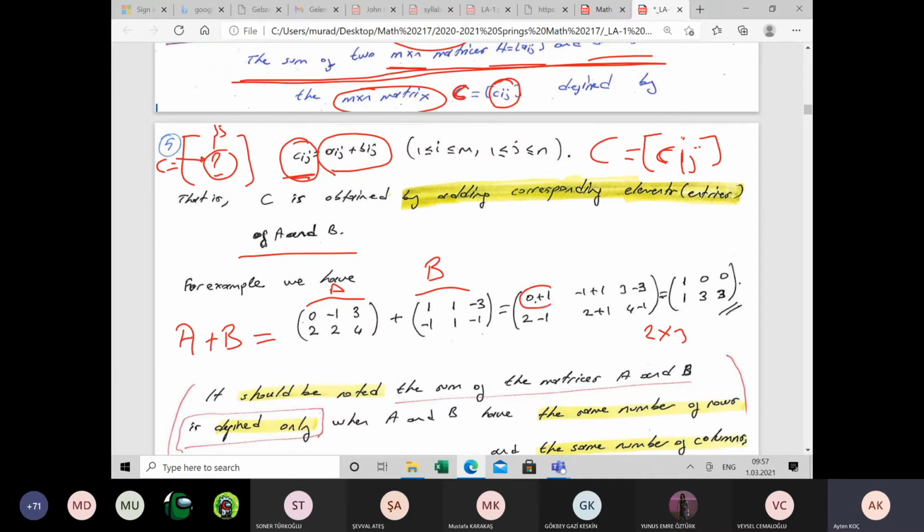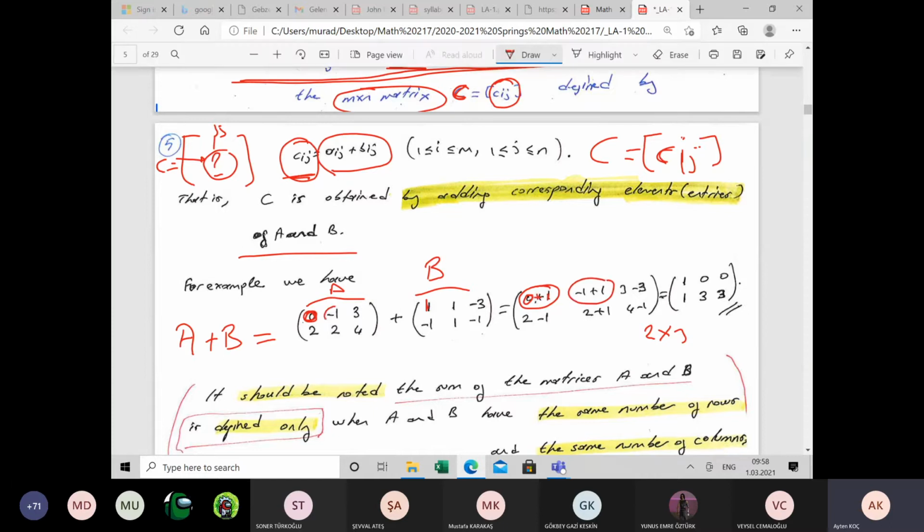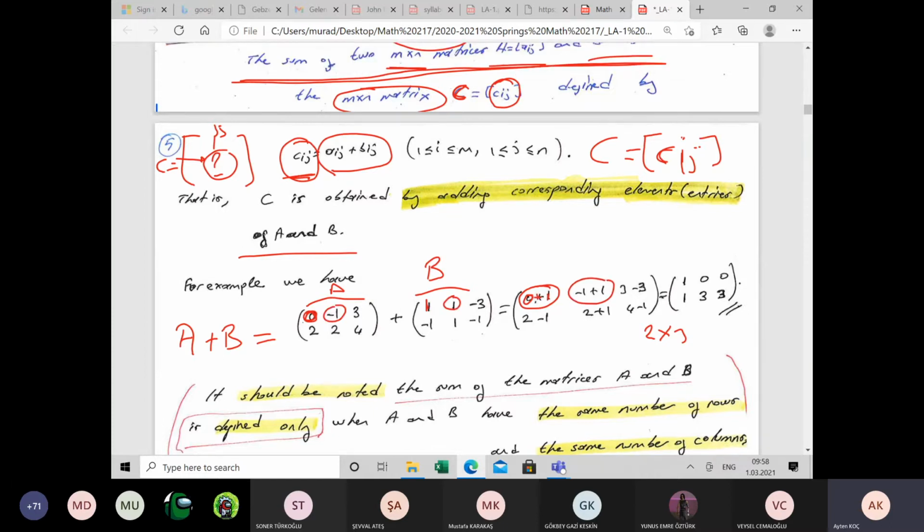What is the first row, first column entry? The first row and first entry are 0 and 1, so this one is 0 plus 1. This one should be minus 1, 1. So 0. And 3 plus minus 3 is 0.